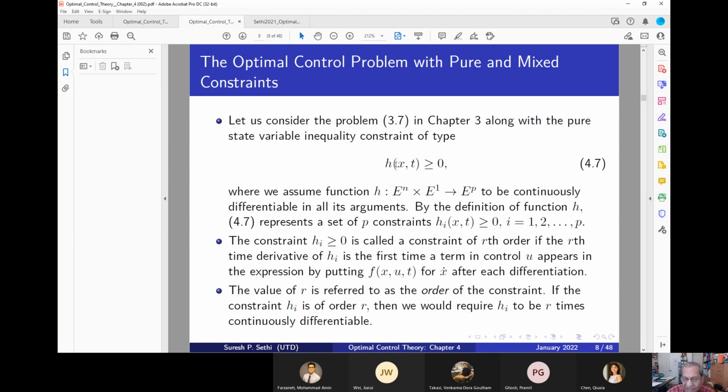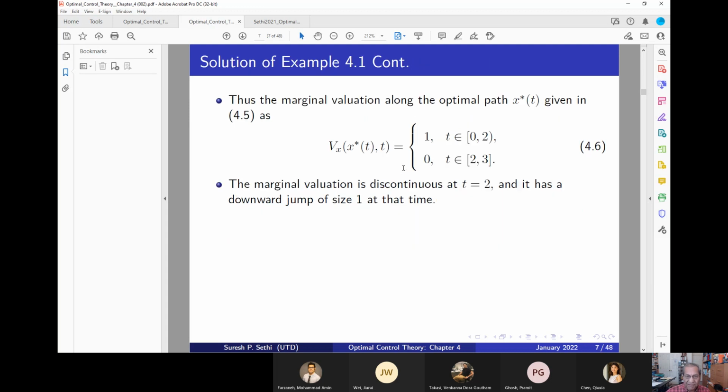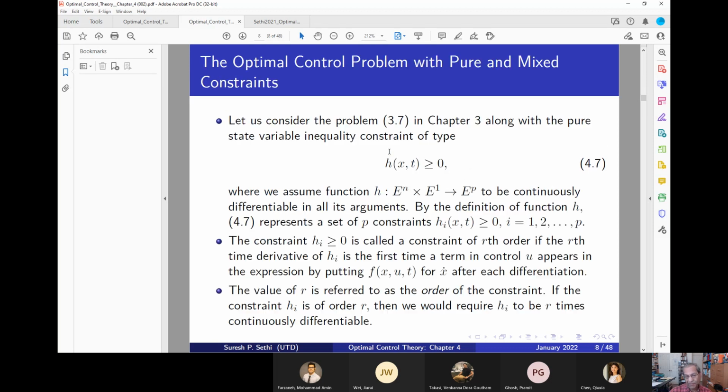So let's now put that discontinuity in the maximum principle and give you the maximum principle. Again, we are not going to prove it, but we have given you a reason why I need to modify the maximum principle. So start generally.